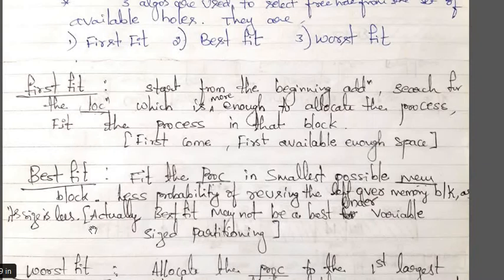Obviously when we fit the process in the smallest possible block, the remaining space left after allocating that process in that block would be of lesser size. That's what it means.